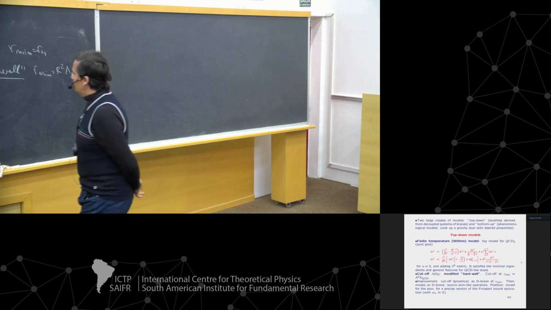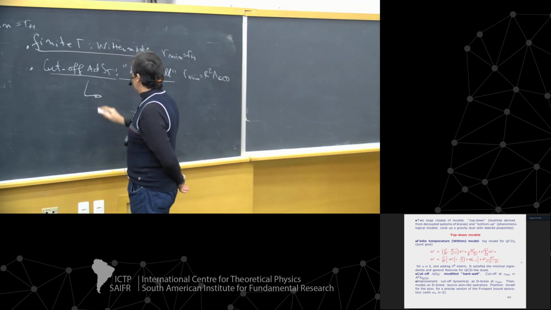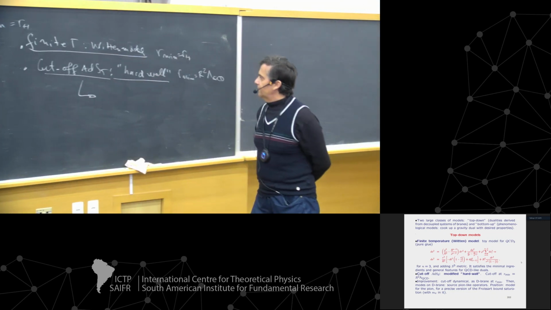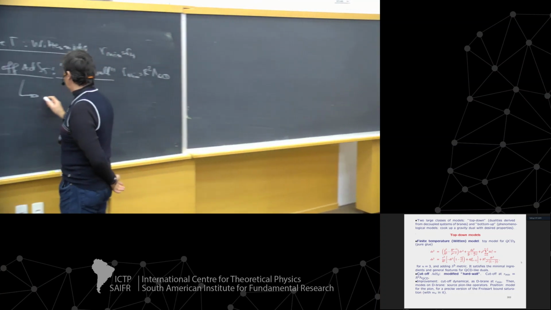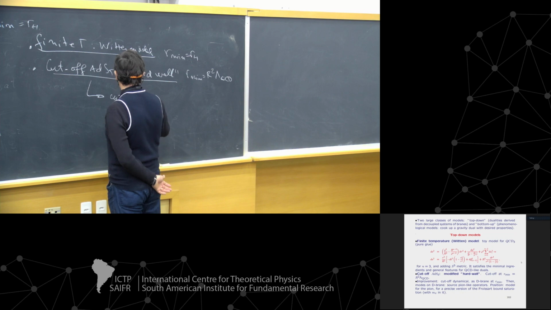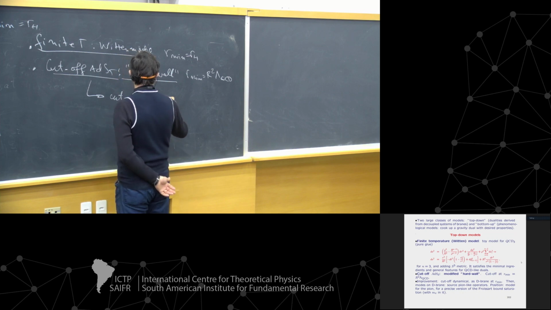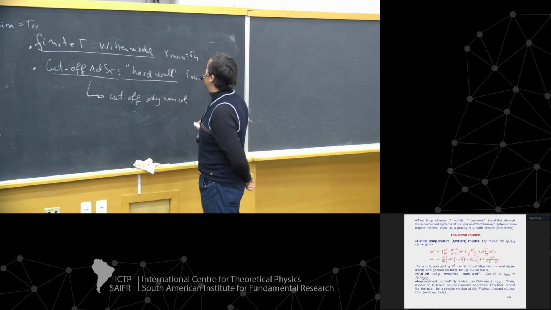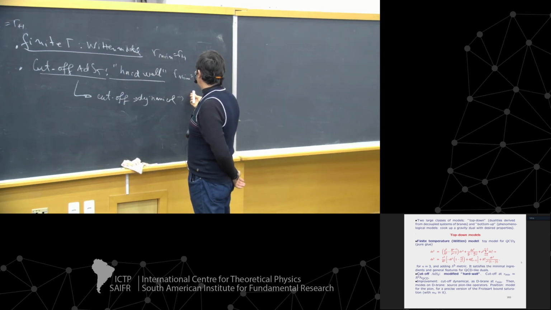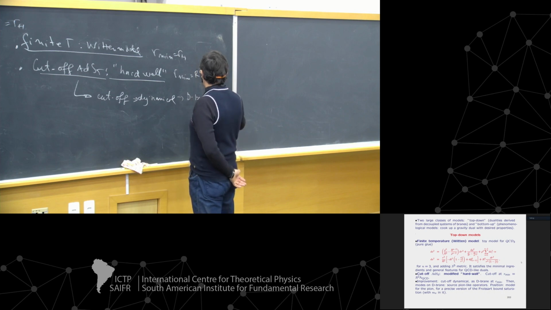We can make an improvement on this cutoff AdS5 model by making the cutoff dynamical. That is to say, making it a brane, some D brane at R minimum.